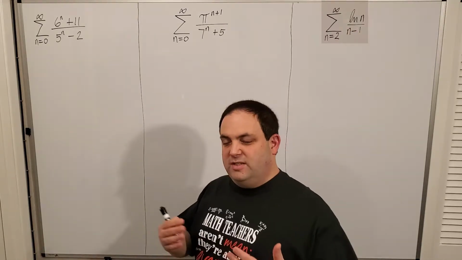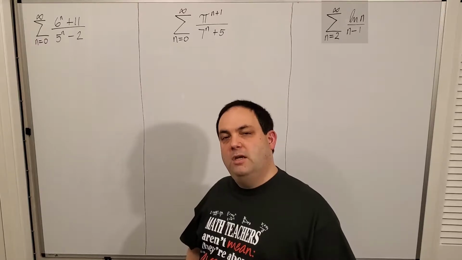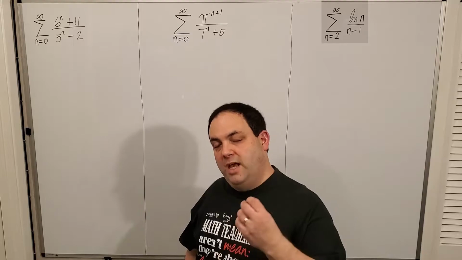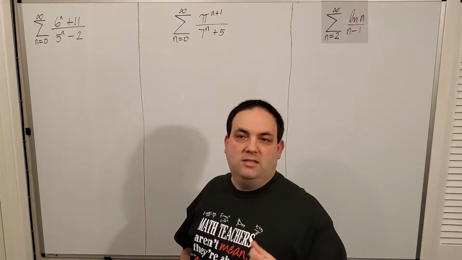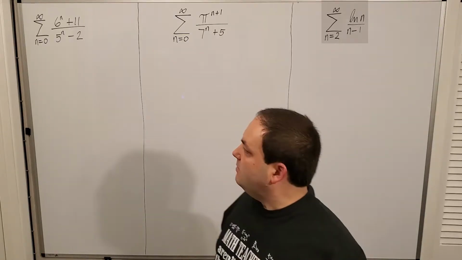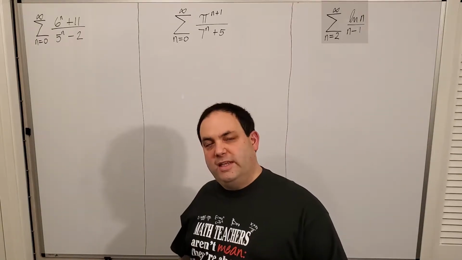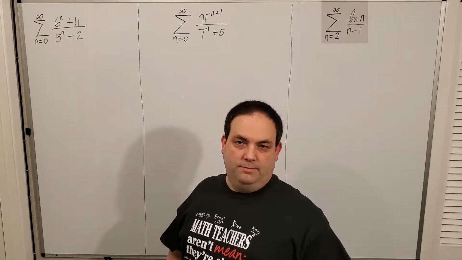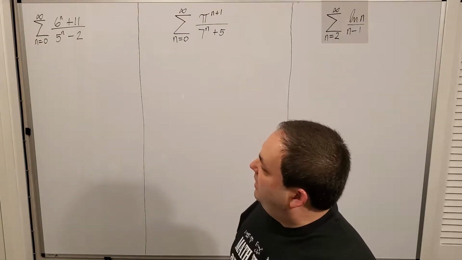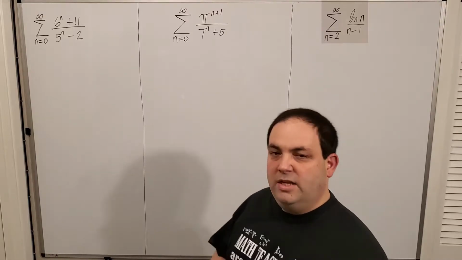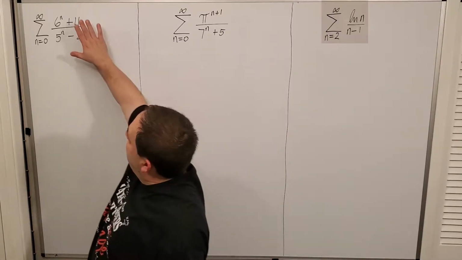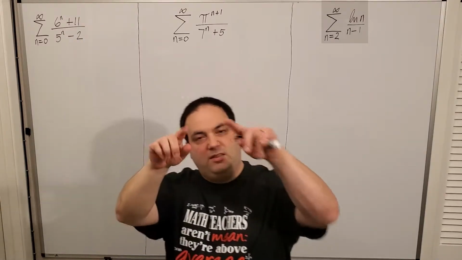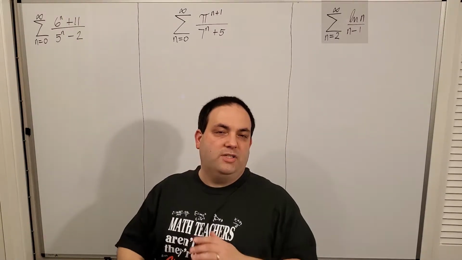Those 2 decisions kind of happen at the same time, because what you feel this is comparable to will tell you right away if you think this is convergent or divergent. When I see things with exponents like 6 to the n and 5 to the n, I start thinking geometric. If I could compare this to something with just the 6 to the n and the 5 to the n, wouldn't that just be (6/5) to the n, which is a geometric series?